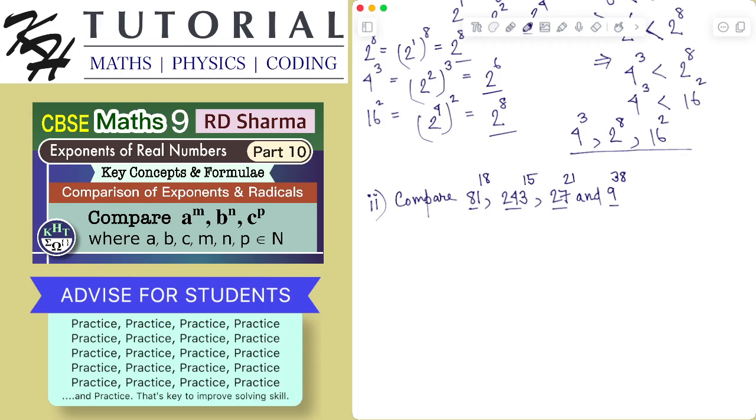So 81 when expressed as a power of 3 will be 3 to the power 4. So the first number is 3 to the power 4 whole raised to the power 18. The second number is 243. If expressed as a power of 3, it will be 3 to the power 5.